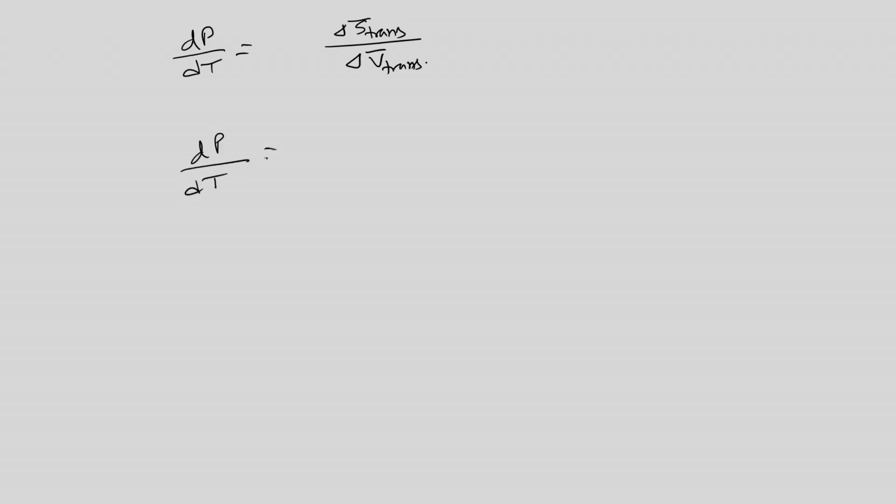So, next we will consider the equation we already derived just now. So, dP by dT is delta S transition by delta V transition, and we also know dP by dT is delta H transition by T times delta V transition. Okay.